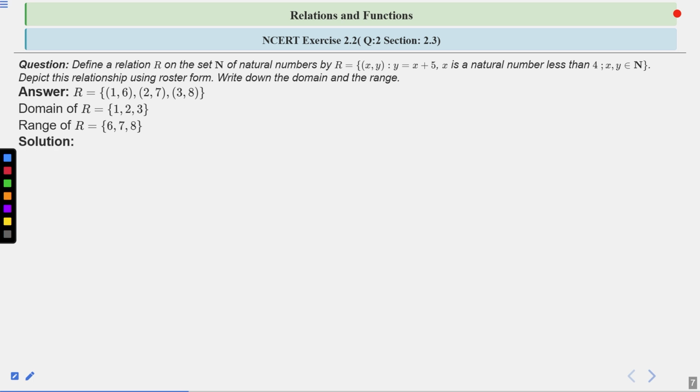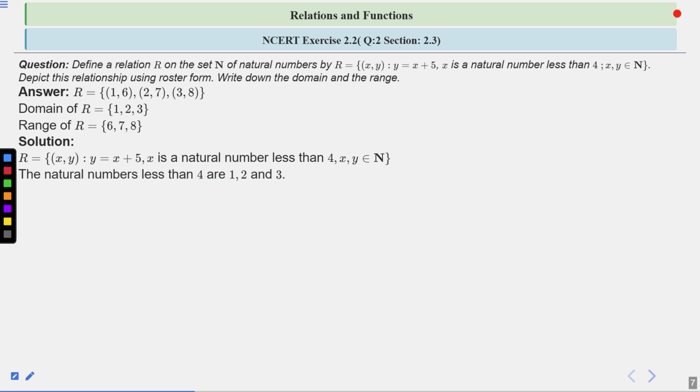Now how we are getting the answer? Quite simple. First of all, try to find out the x and y's which satisfy the given conditions. So x is a natural number less than 4, both x, y must be from natural numbers and satisfying the equation.